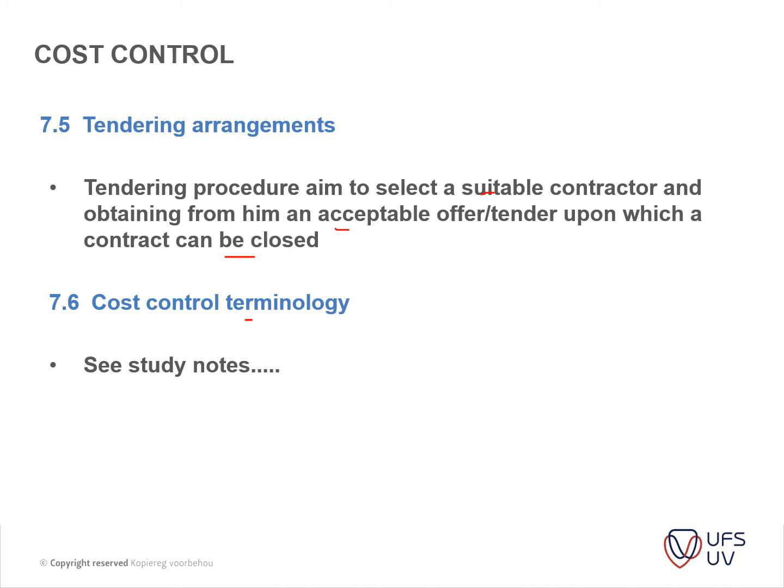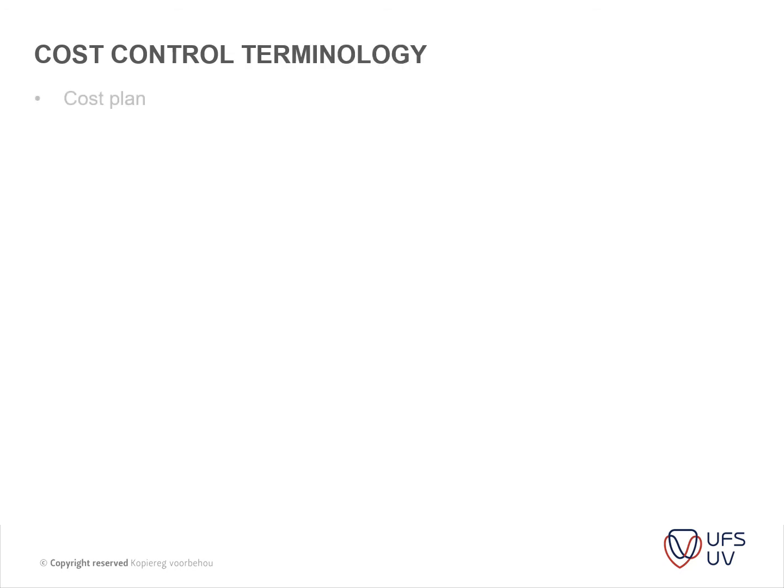So you can have a look at your study guide. This starts on page 29, and these terminologies include your cost plan, which is basically a statement of the proposed expenditure on each section or element of a building related to a definite standard of quality.